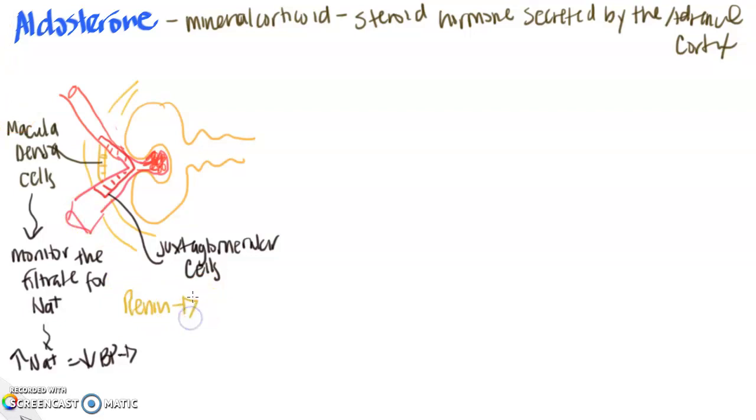Renin will combine with angiotensinogen, which is in the blood. It is a plasma protein, and that becomes angiotensin 1.